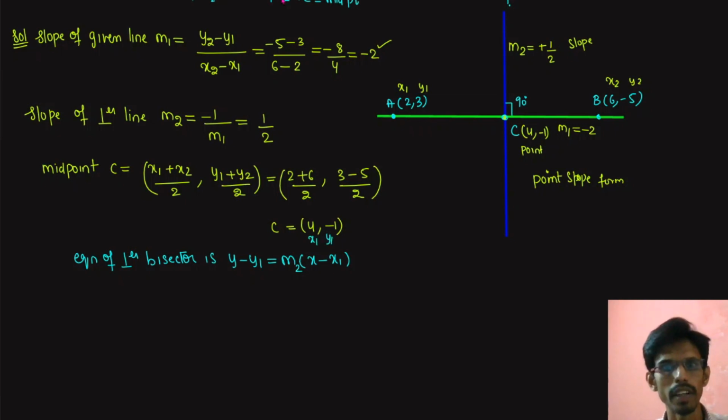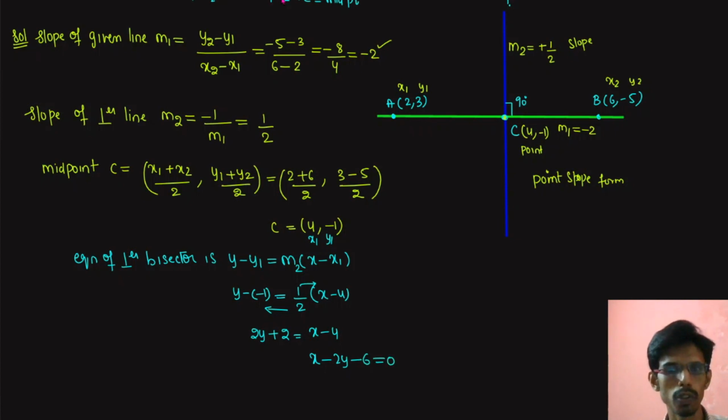Don't take A as x1, y1. The point of consideration is C here. So y - (-1) = 1/2 (x - 4). Now cross multiply this. Here I'll get 2y + 2, and multiply this 1 here, x - 4. So rearrange this: x, take this 2y here, it will become -2y, take this 2 here, it will become -6 = 0. So we got the equation of the perpendicular bisector by using the point slope form.